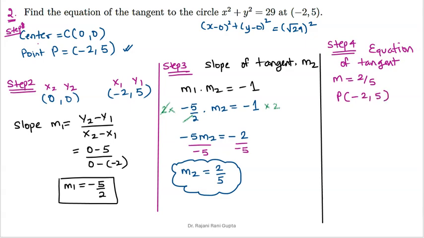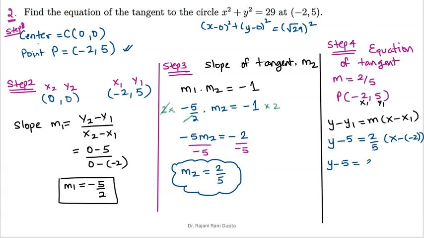What is it? y minus y1 equals m times (x minus x1). This is x1, this is y1, this is your m. So this gives you y minus 5 equals 2 over 5 times (x minus of minus 2). So y minus 5 equals 2 over 5 (x plus 2).